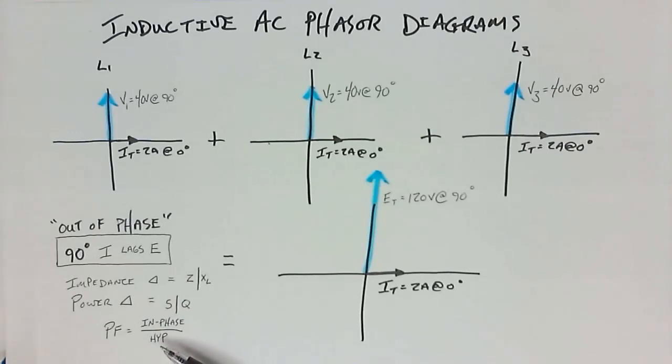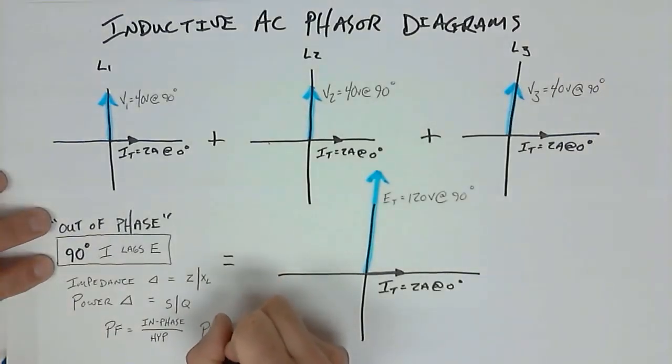Well, you could take the total value of your VARs, and remember, there is 80 VARs each. So that would mean 240 VARs. So in-phase component 0 divided by 240 would give me a power factor of 0.